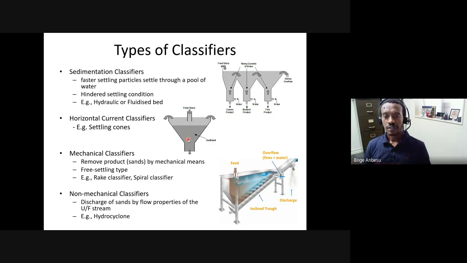Because particles are solids, they're denser than water. With time, they should sink to the bottom of that tank. In this case, the shape of the tank can look like a cone, narrow at the discharge end and wider at the feed end, which means as slurry comes down with water, denser, larger particles will settle, and that will build up over time.